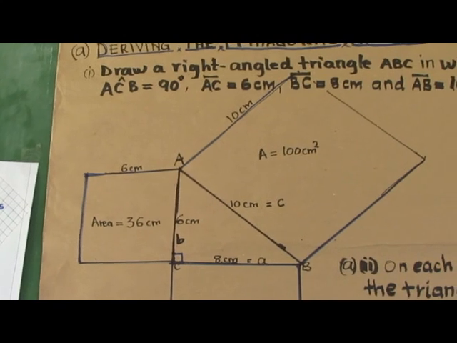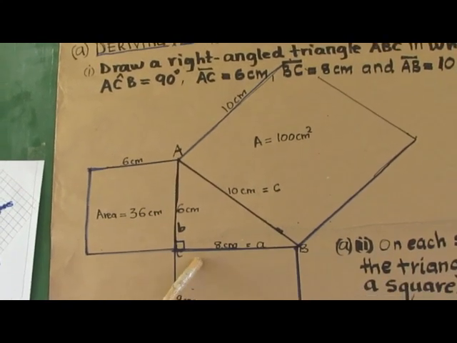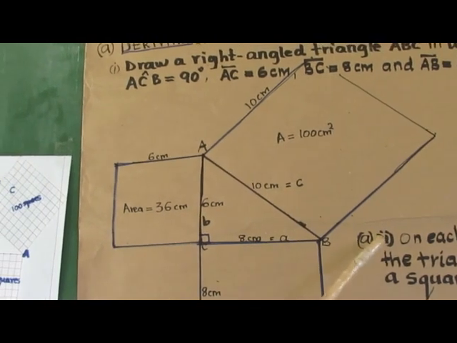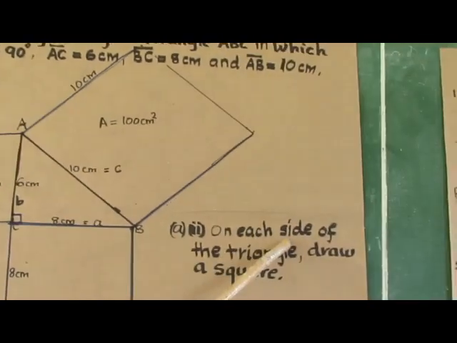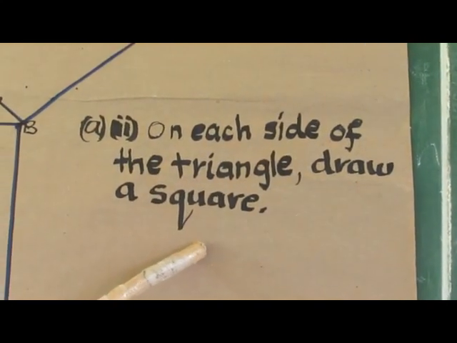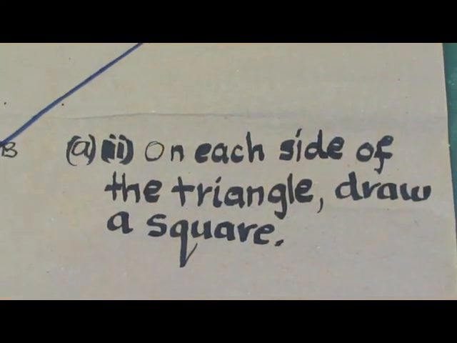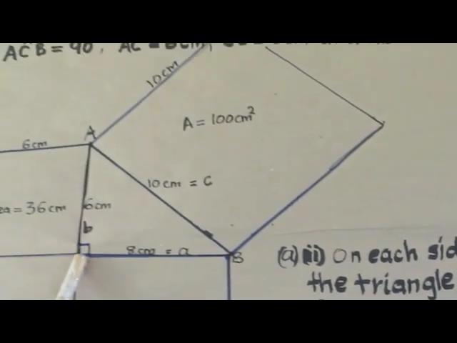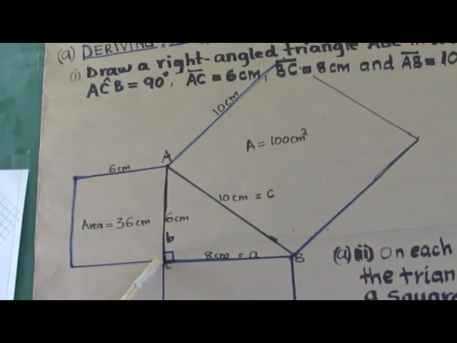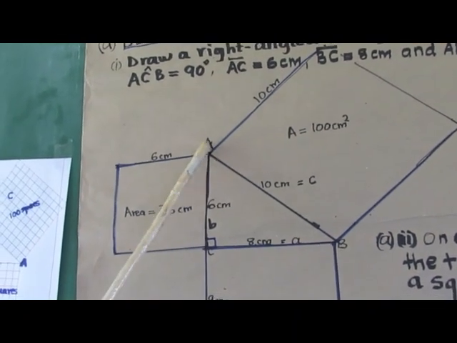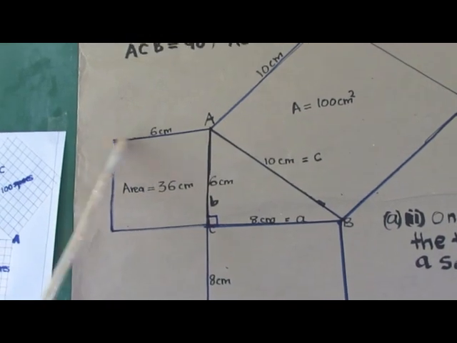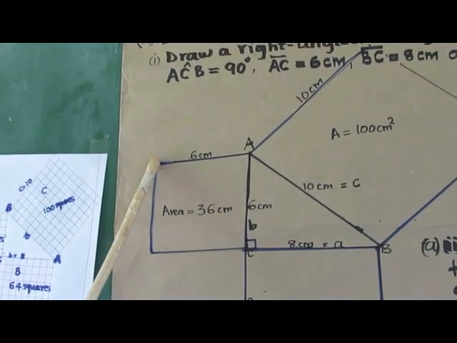After you have drawn this triangle in your exercise books and shown the length of each side, the second step is, on each side of the triangle, draw a square. Starting with the height of this triangle, on this side AC, you draw a square. You extend this side and measure its size, 6 centimeters.